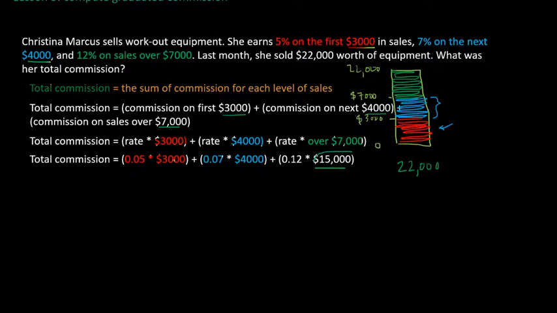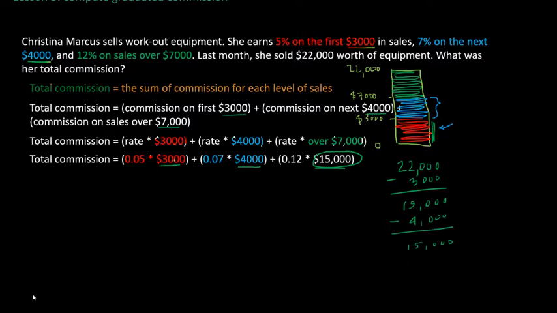So to figure out what number to put here, we're basically asking ourselves, what's the amount of money that we haven't given her commission on yet? Remember that this red piece was commission on the first $3,000. So she's already earned commission on that $3,000, right? And then the next chunk, that 7%, was commission on the next $4,000. So she's earned commission on that $4,000 as well.